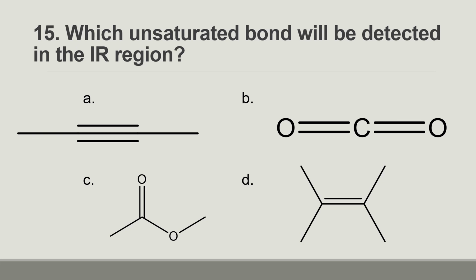So, yung IR inactive ay kapag yung unsaturated bond o yung bond mo actually mismo, kahit anong bond yun, no, kapag completely symmetrical siya, okay? So, kahit na double or triple bond na completely symmetrical, hindi siya madedetect sa IR region mo. So, let's go through this one by one.